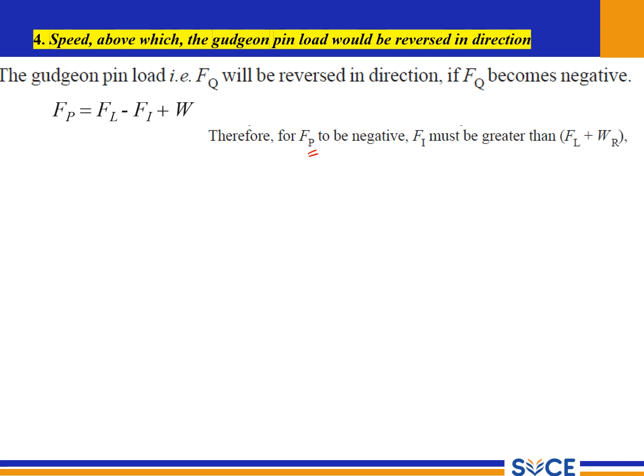Fp being negative means Fl plus W is to be less than the inertia force. So the inertia force becomes the dominant one.